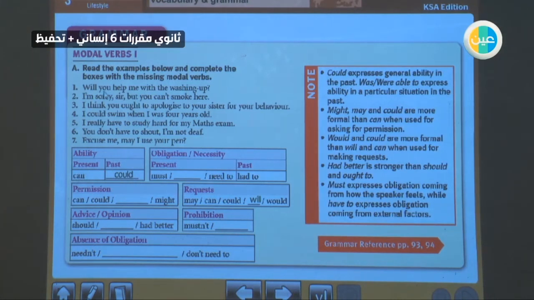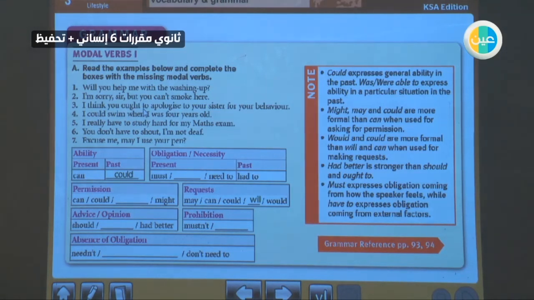Number 3. I think you ought to apologize to your sister for your behavior. I think you ought to. Ought to is the modal verb. What does it express here?